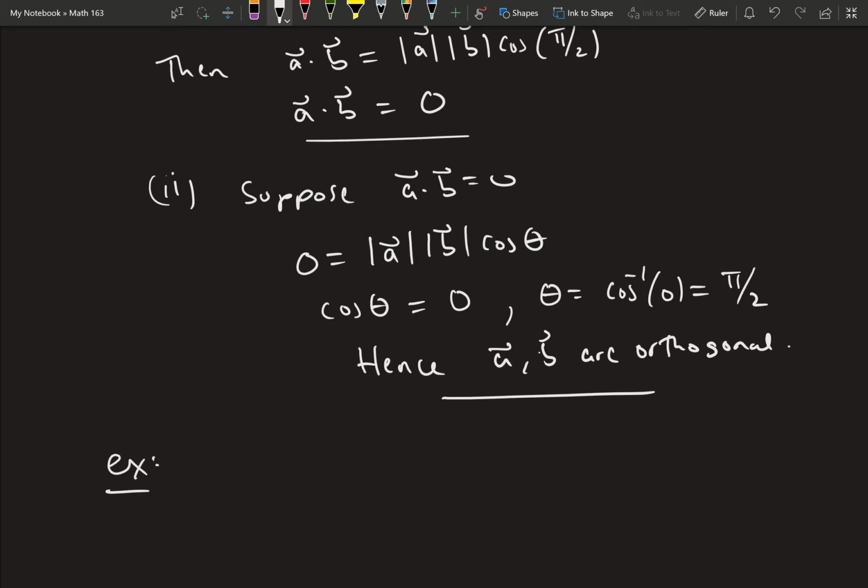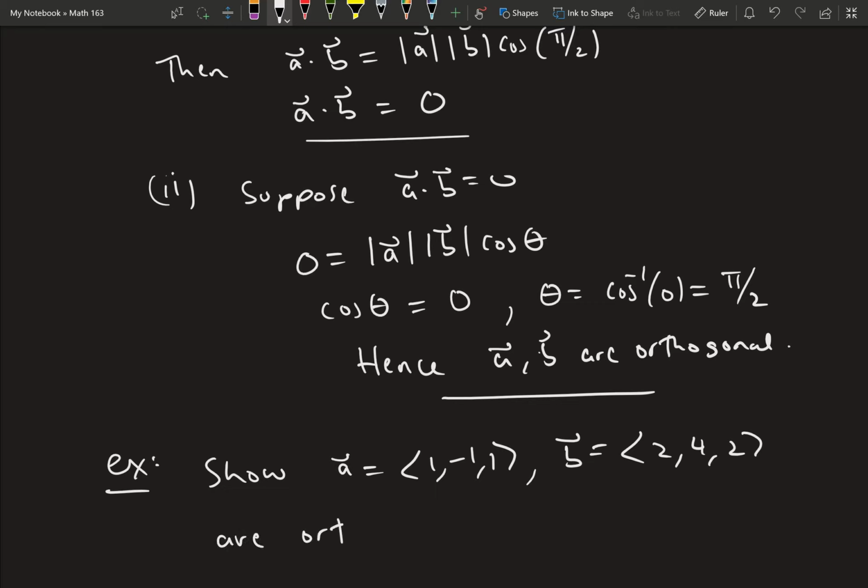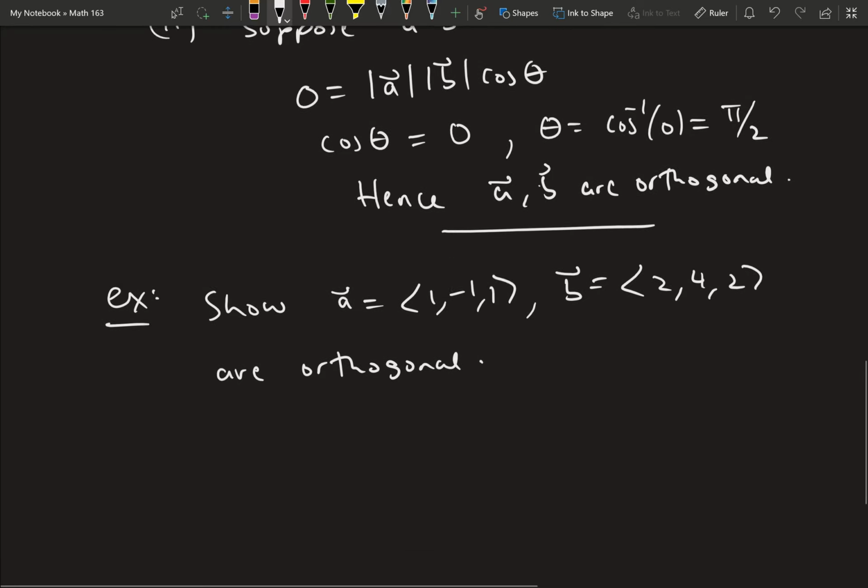So just as another simple example, show that A and B are orthogonal, where B is 1, negative 1, 1. So you would just show that their dot product is 0, and that's enough.